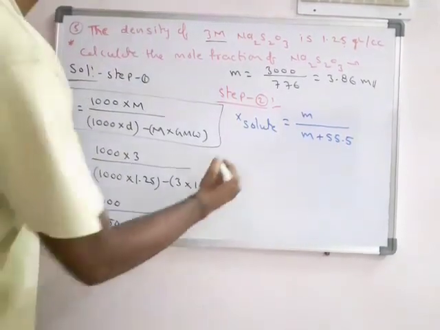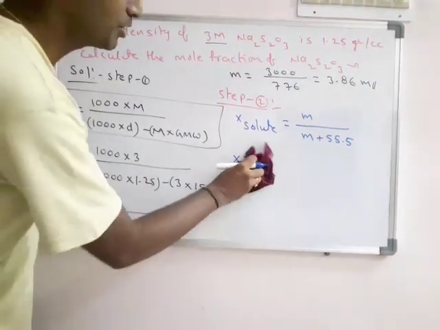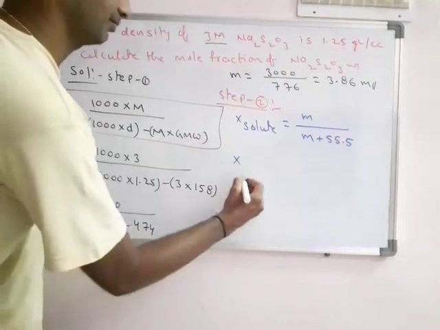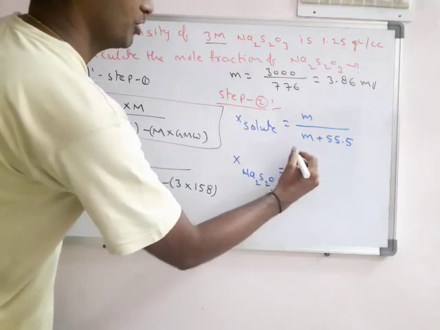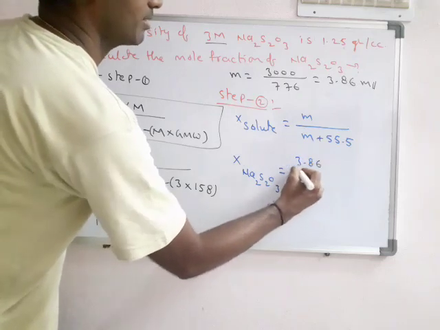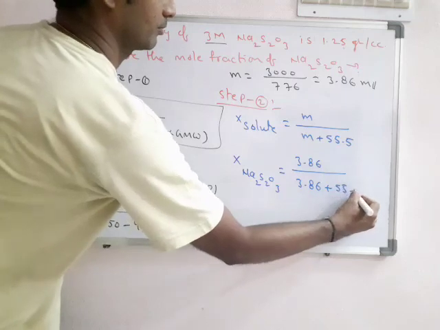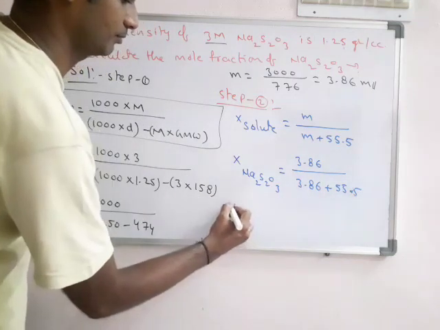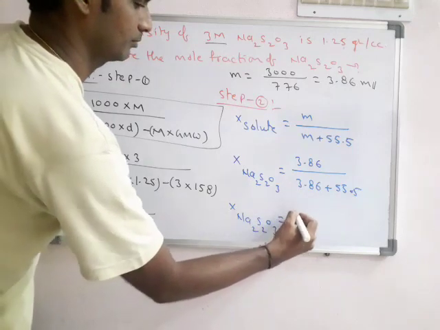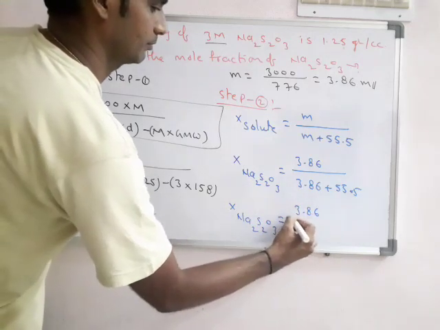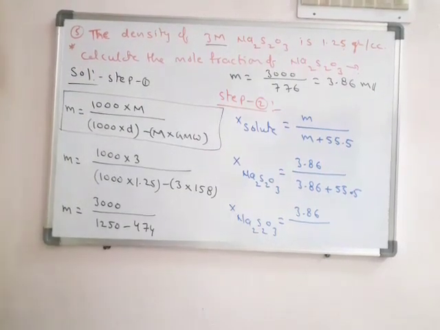Okay, so therefore X solute. Here X solute means what is the solute? Sodium thiosulfate. So molality 3.86 by 3.86 plus 55.5, it's 59.36 we are getting.